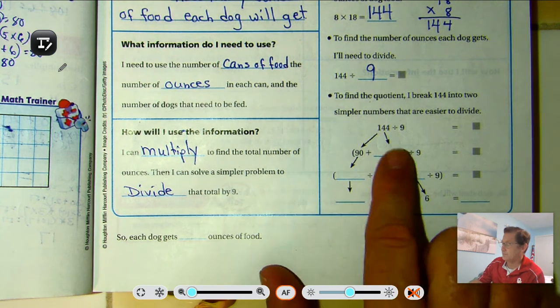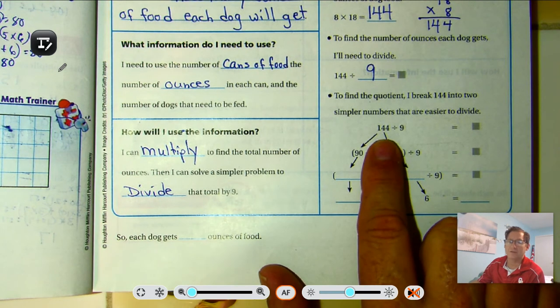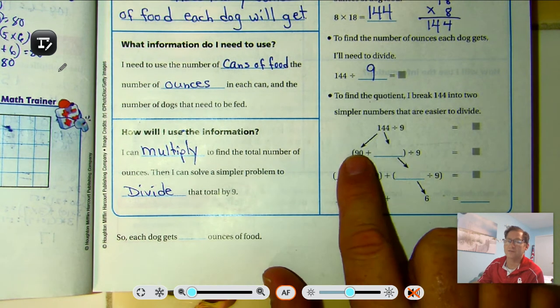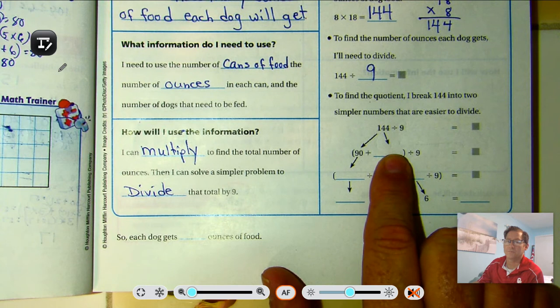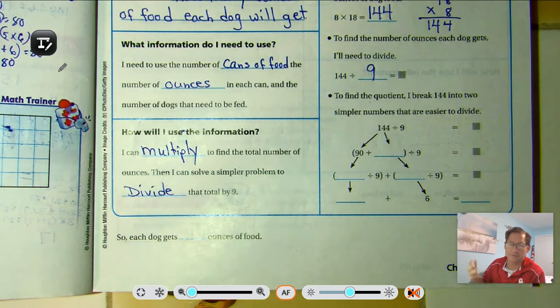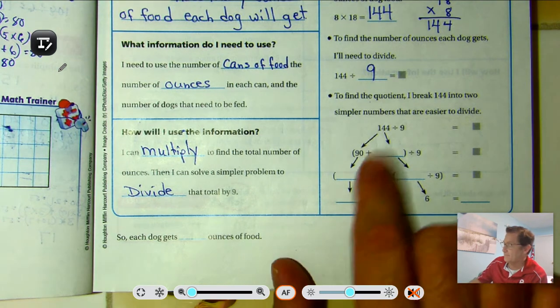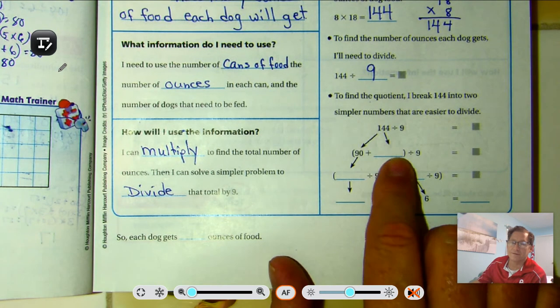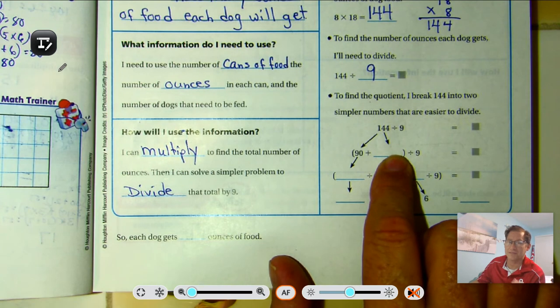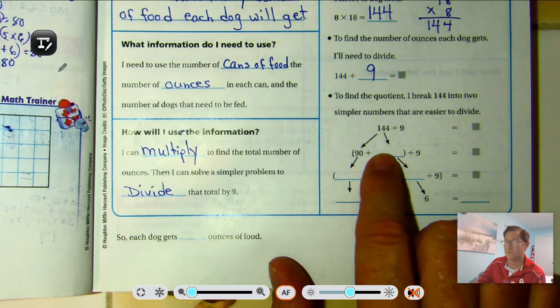So what they're suggesting is take the 144 and let's make it into 2 smaller division problems. Well, 90 divided by 9, that's easy, right? That's just 10. But if I take 90 from 144, I still need to add that missing part because I can't change the value of the 144. The sum still has to equal it.